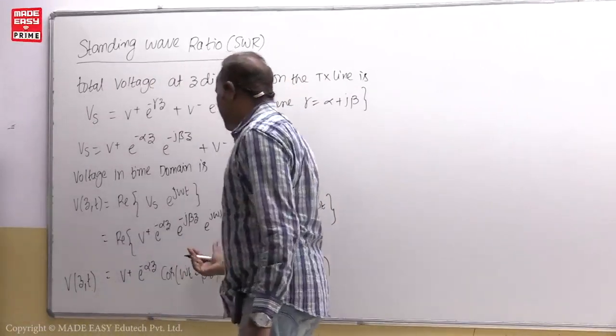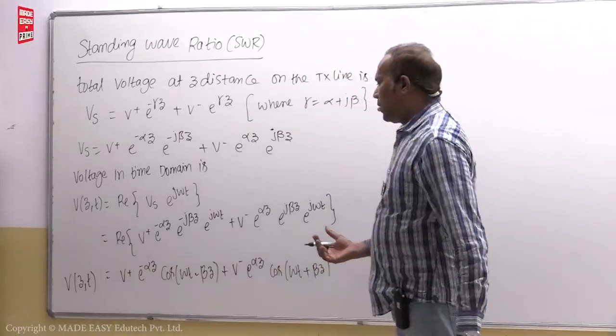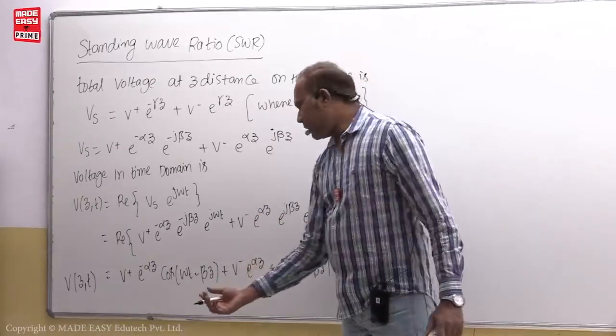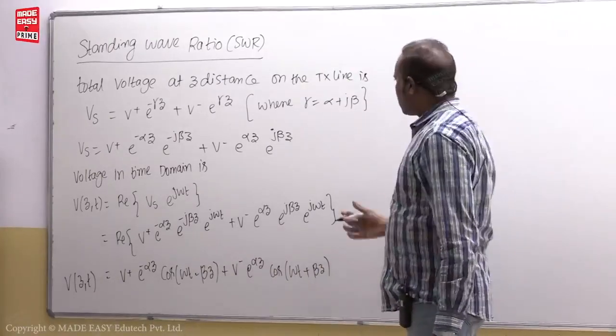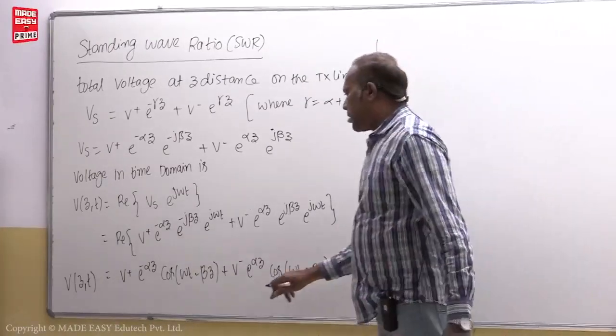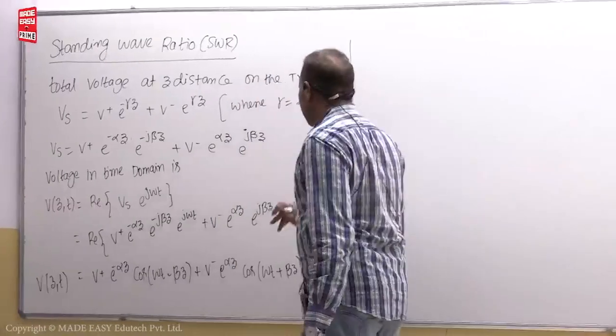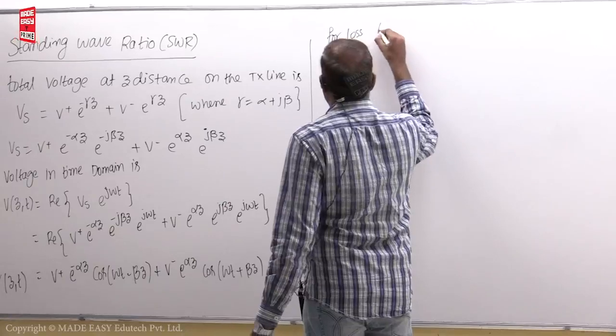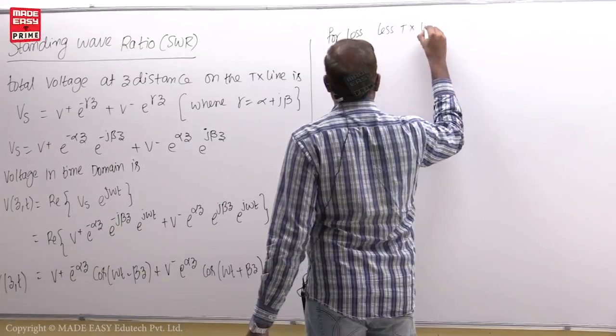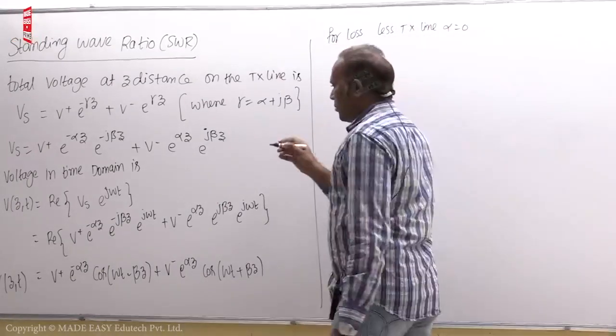Have you seen? This is similar to the uniform plane wave. There we spoke of electric field, here we speak of voltages actually. Now for a lossless transmission line, alpha is 0.